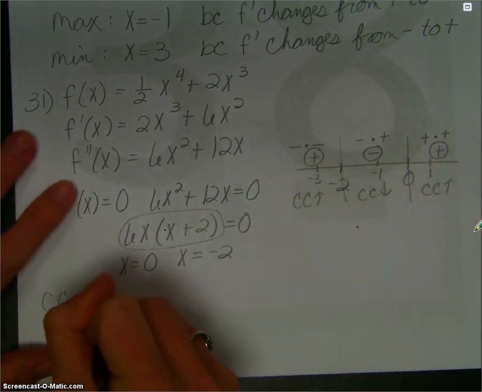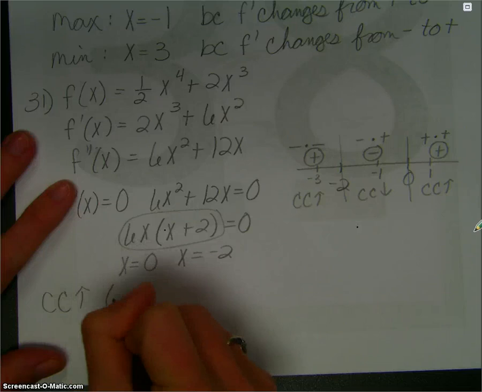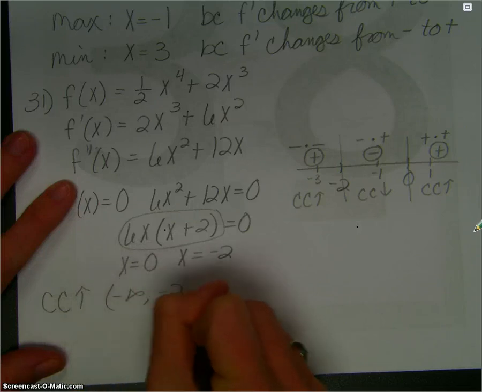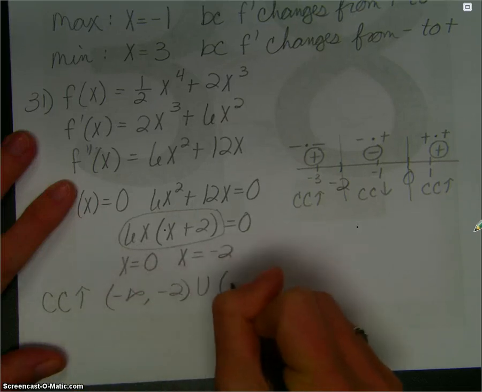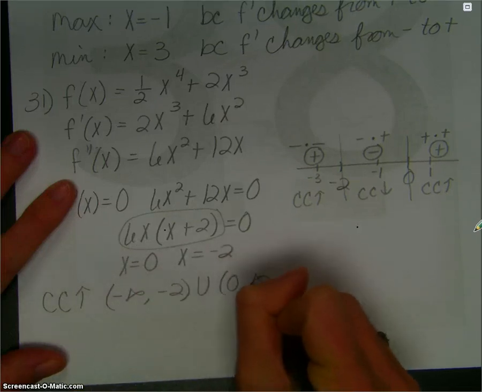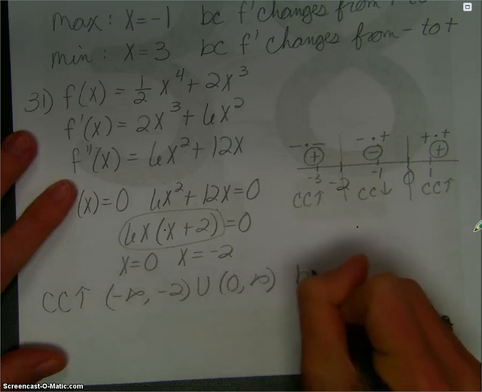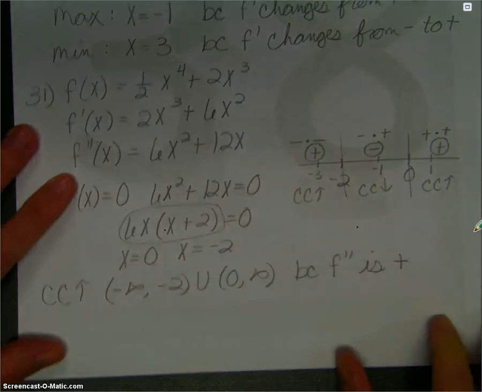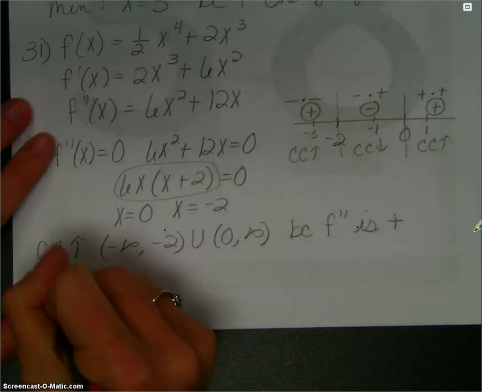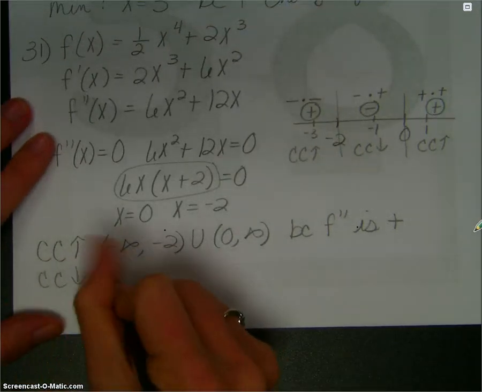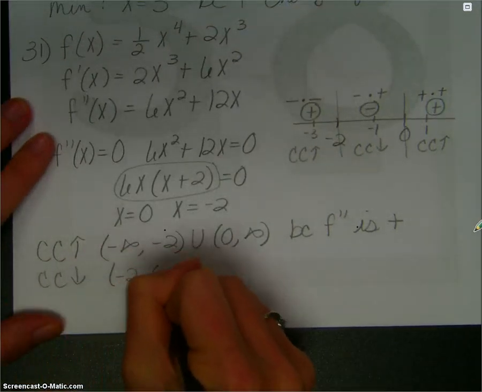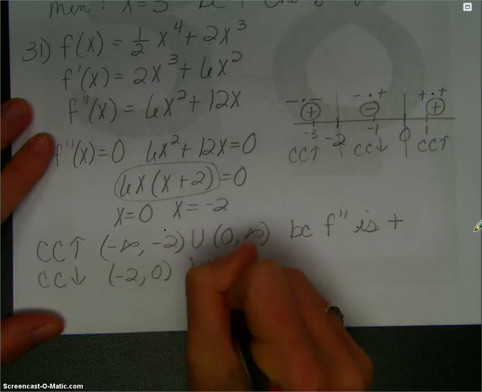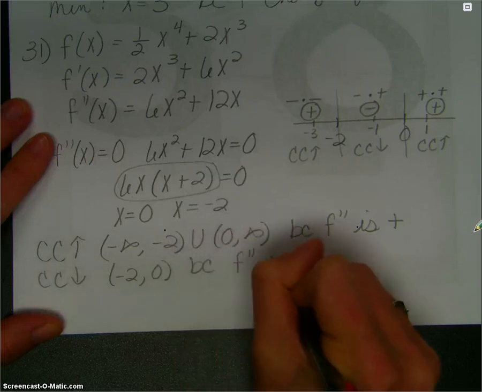Okay, so my graph is concave up from -infinity to -2, and from 0 to infinity, because f double prime is positive. And my graph is concave down from -2 to 0, because f double prime is negative.